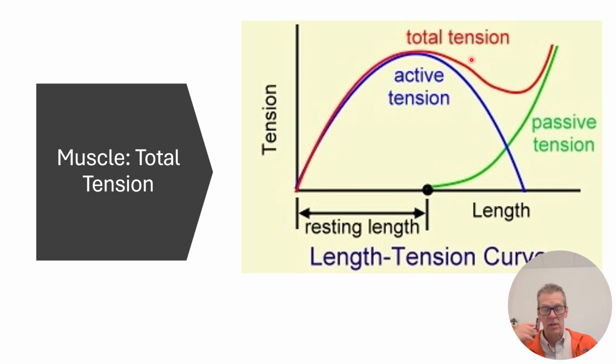So total tension curve looks like this. You'll notice that this is our optimal tension generating length in terms of active tension. We don't start generating passive tension until we are lengthened beyond that point.